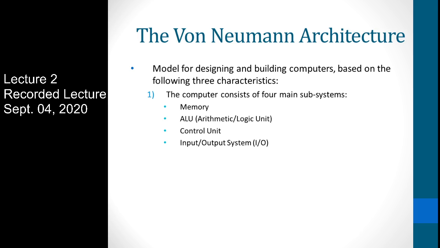So we have the memory. When we talk about the memory, we're talking about the random access memory. Pagka sinabi nating memory, and pinag-uusapan natin ng von Neumann architecture, ang pinag-uusapan nating memory dito is the random access memory or RAM.